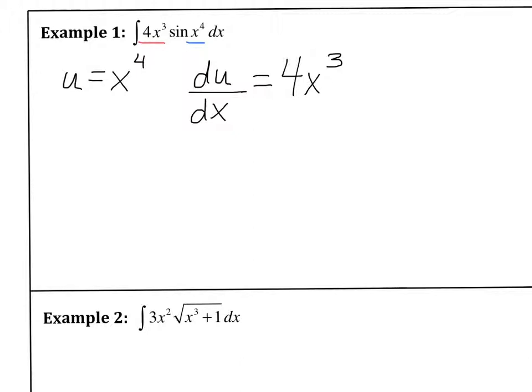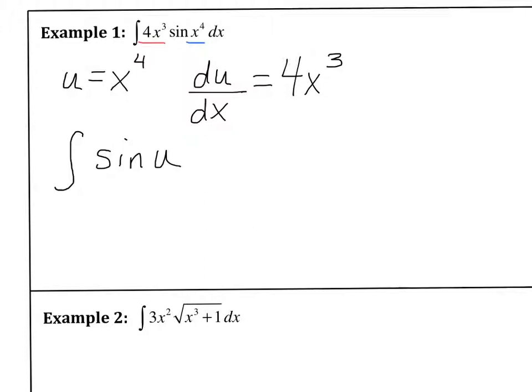So let's start rewriting. I'm going to write my integral symbol. Now, instead of writing sine x to the fourth, I'm going to write sine u, because apparently they're equal the way I've defined it. So I will write sine of u. Now, if I'm writing the sine of u, I should probably be integrating with respect to u.